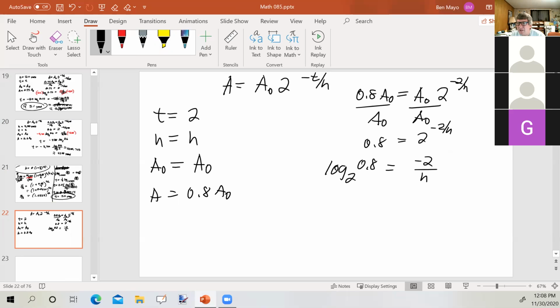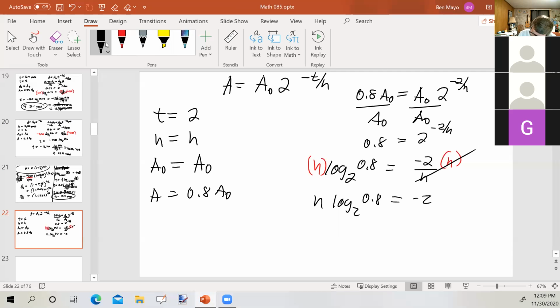Now, I'm trying to solve for H. H is in the denominator, so getting rid of the negative 2 on top won't do it. That would be 1 over H. We need H on top. So what I'm going to do now is multiply both sides by H. Okay. So now I've got H log base 2 of 0.8 equals negative 2.